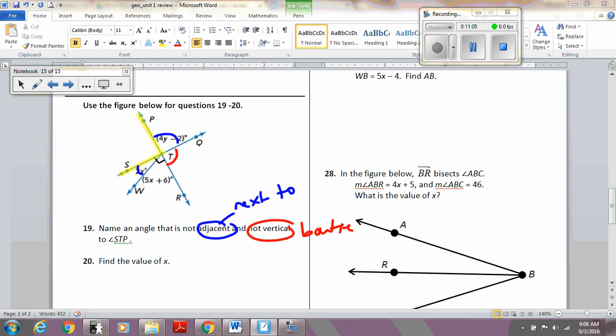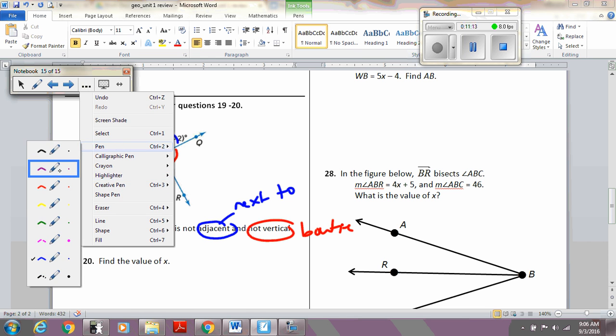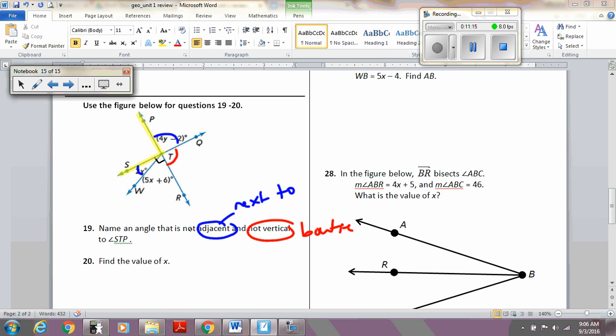So the only angle that remains in the picture could be angle WTR, or backwards would be angle RTW, because it's not one of the ones that I've identified in the picture.